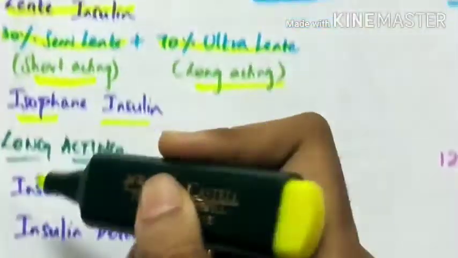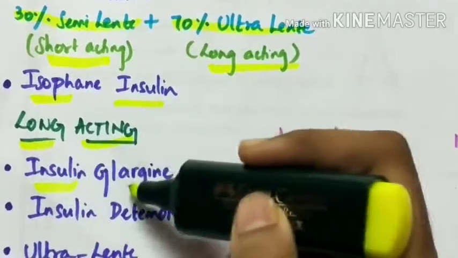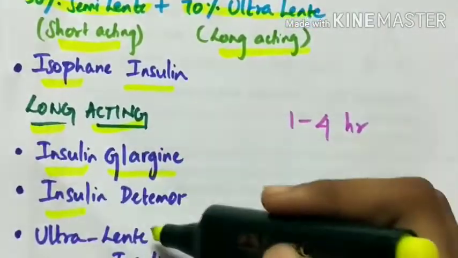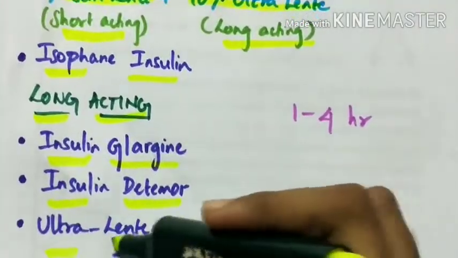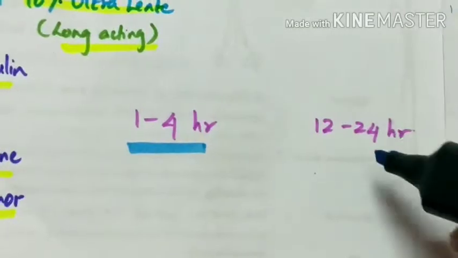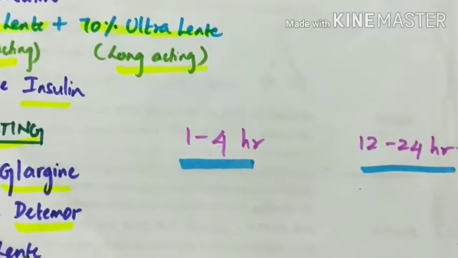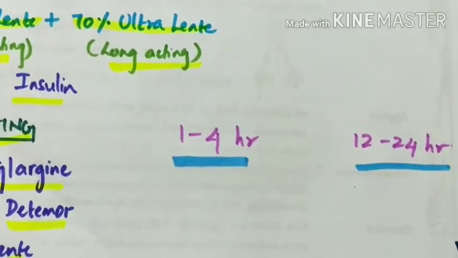Isophane insulin is also an intermediate acting insulin. Next, long acting insulin. Examples are insulin glargine, insulin detemir and ultra-lente insulin. The action of these starts at 1 to 4 hours and it peaks at 12 to 24 hours. These are the types of insulin preparations.